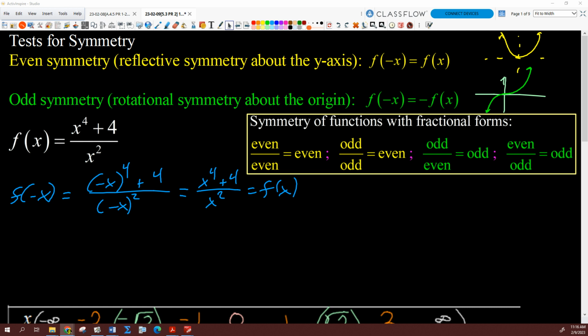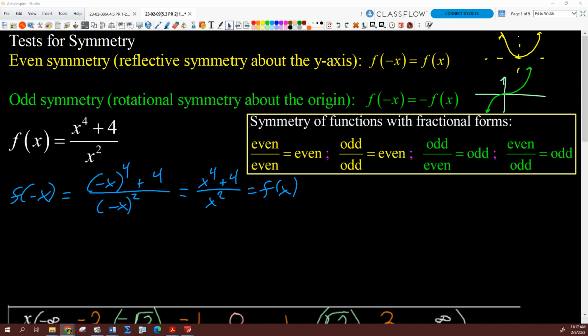If a polynomial only has even powers of the input variable, say x, only has even powers of x for each term, then you don't even have to do the test. It's automatically even symmetry. If a polynomial only has odd powers of x in each term, then it's odd symmetry. If it has a mixture of some terms with even and some terms with odd, it's neither.